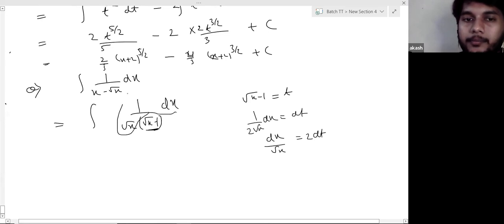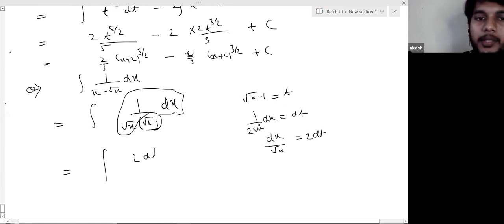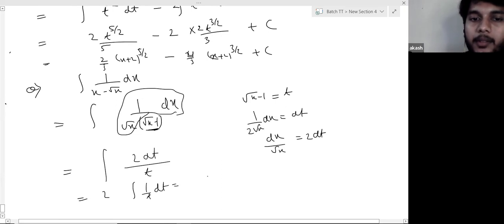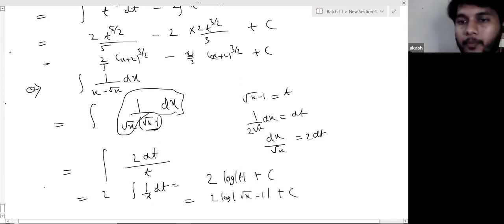This value we got as dt. So 2 dt upon t, 2 integration 1 upon t dt, which is 2 log mod t plus c. So 2 log mod under root x minus 1 plus c. All right, Jiva, Ryan, clear?